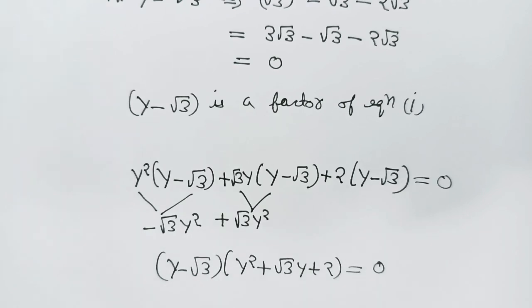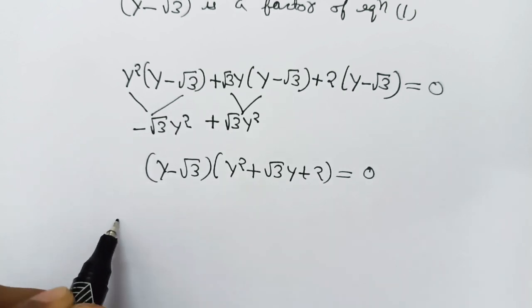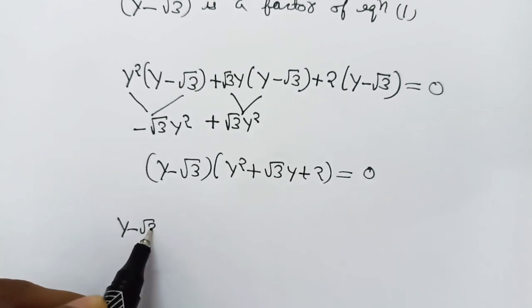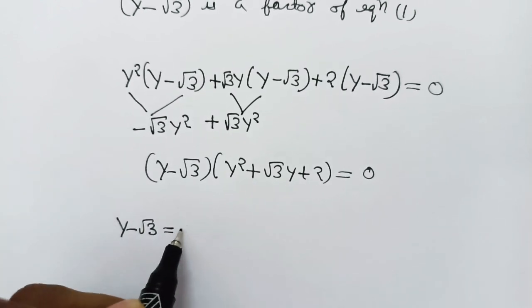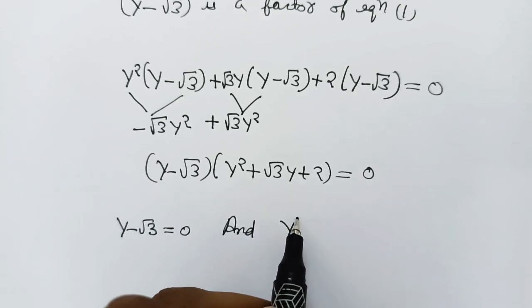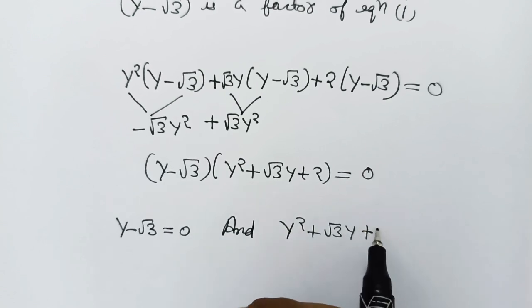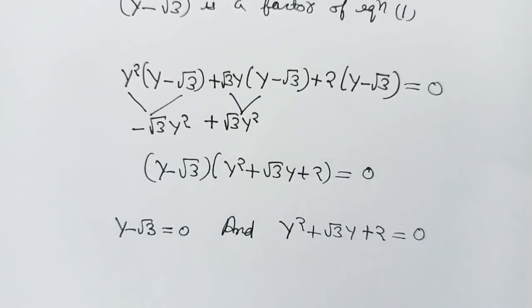Now the other factor is a quadratic equation. That means y minus square root 3 is equal to 0, and y square plus square root 3 y plus 2 is equal to 0.